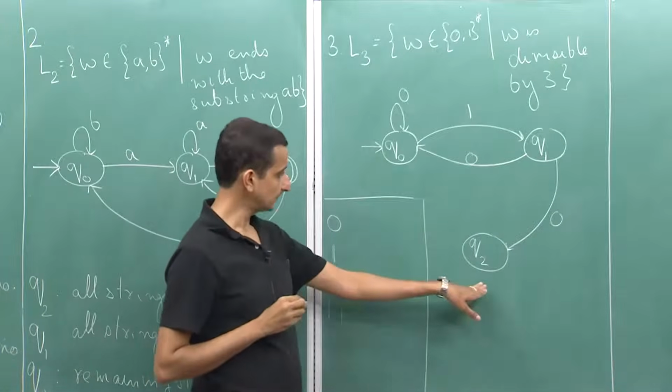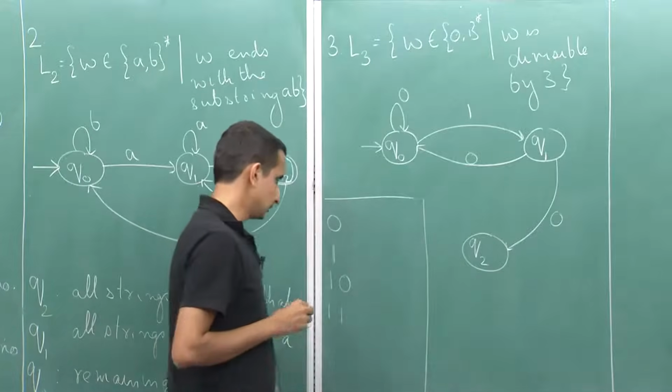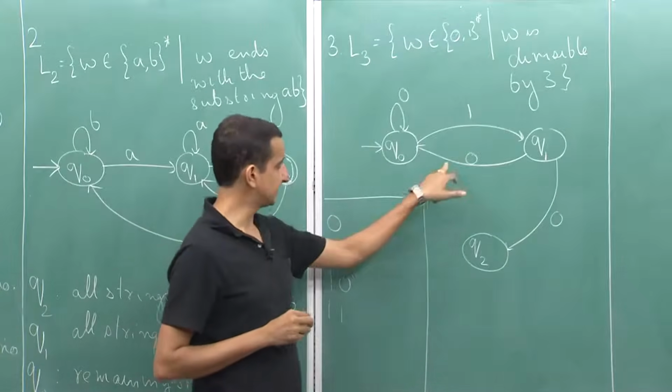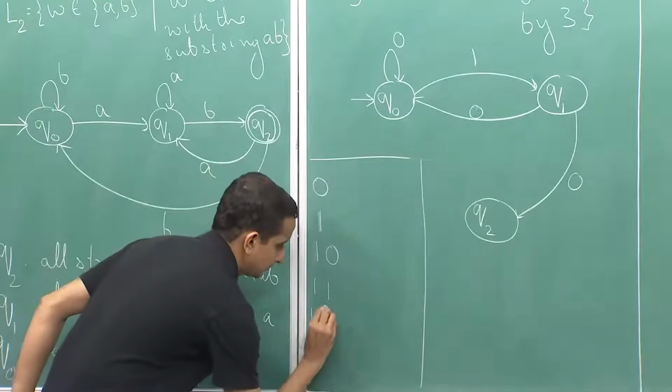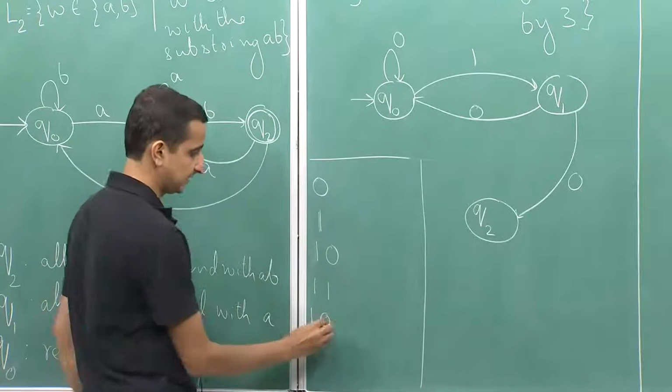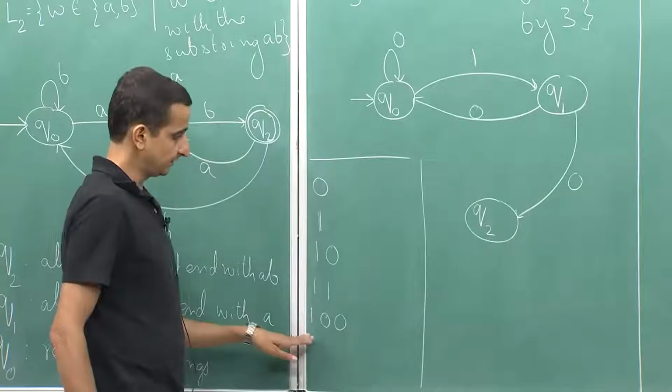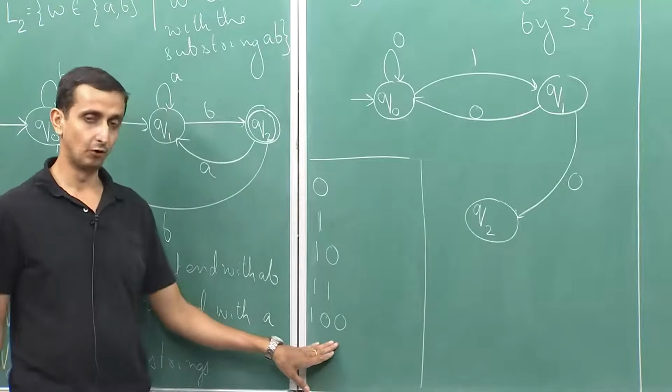Okay. Now, let us look at Q2. So, if I am at Q2, it means that I have seen a string of the form 1 0. So, after I see 1 0, if I see a 0 after this, so this corresponds to the decimal number 4. Okay.